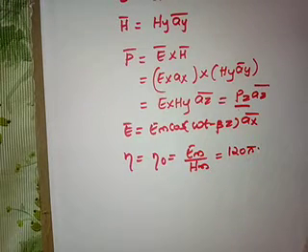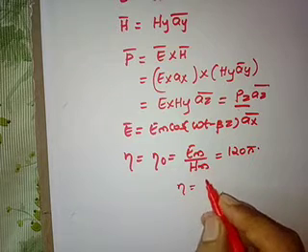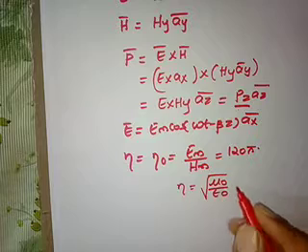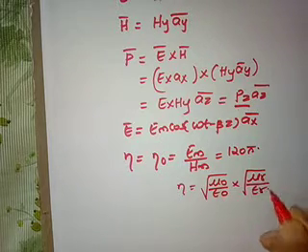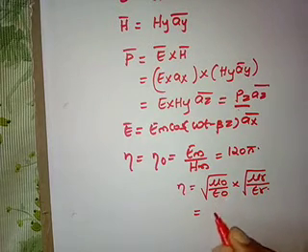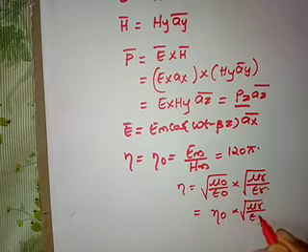Because we know that eta is equal to square root of mu naught upon epsilon naught into square root of mu r upon epsilon r. So square root of mu naught upon epsilon naught is eta naught, into square root of mu r upon epsilon r, right?